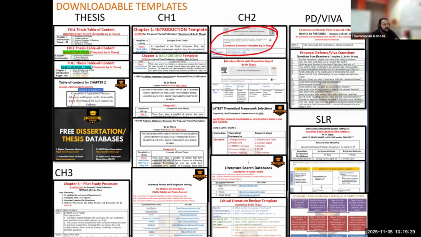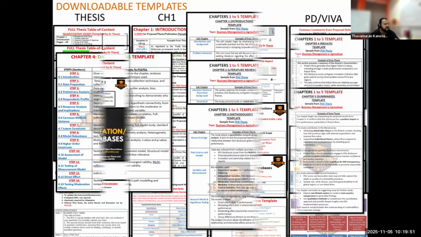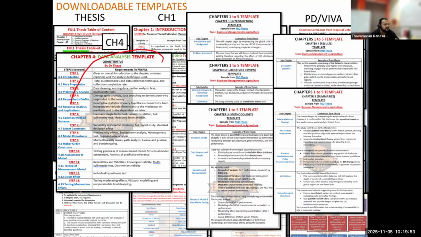Then there is the PhD viva, preparing for examination, which we will look into today if we have enough time, and systematic review templates, which we'll touch on slightly today. We also have the chapter 4 templates, what kind of analysis you can do as part of a quantitative chapter 4, and then the full chapters 1 to 5 templates.